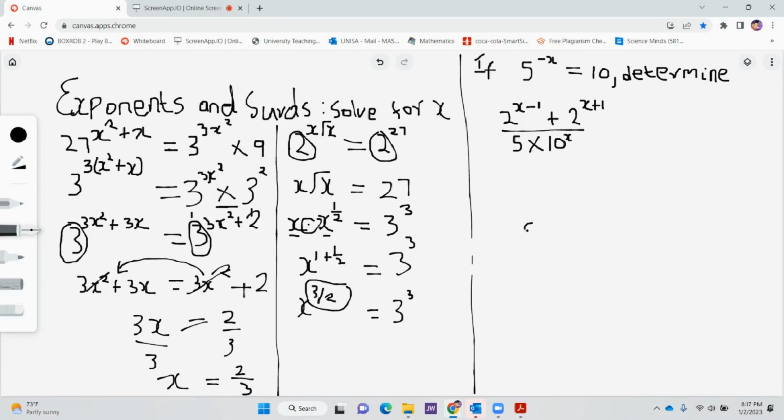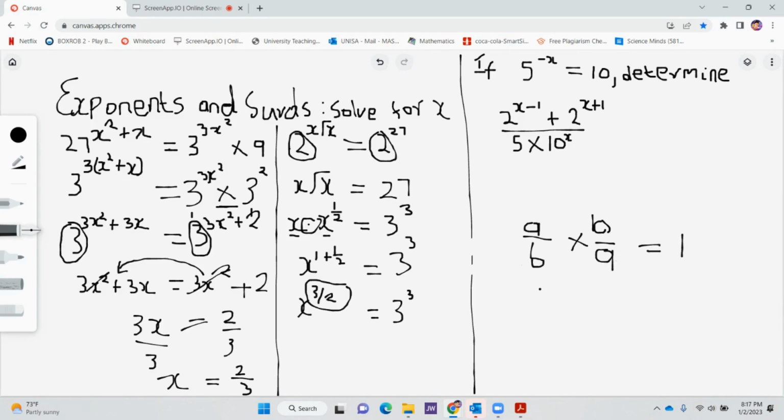So is there a way of getting rid of this fractional exponent there? Yes. Any fraction multiplied by its reciprocal will give you a 1. What is the reciprocal of a over b? That would be b over a. You just exchange the fraction, make the denominator the numerator, and the numerator the denominator. So any number multiplied by its reciprocal will give you a 1.